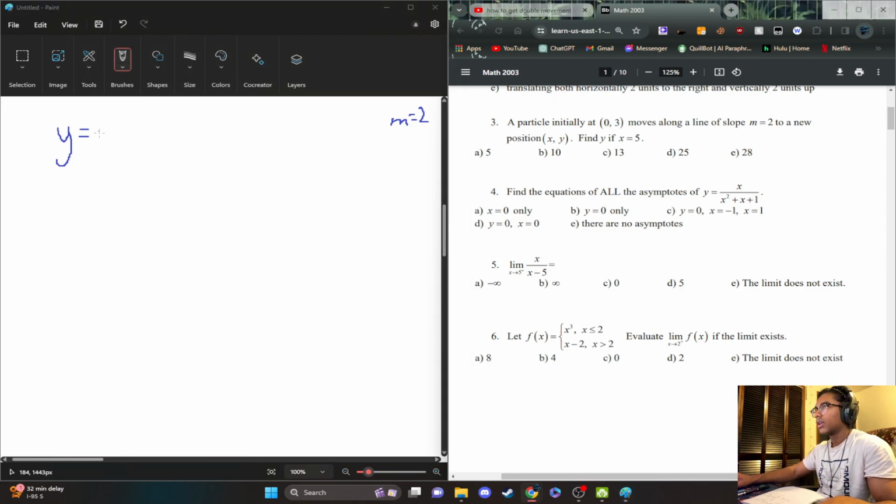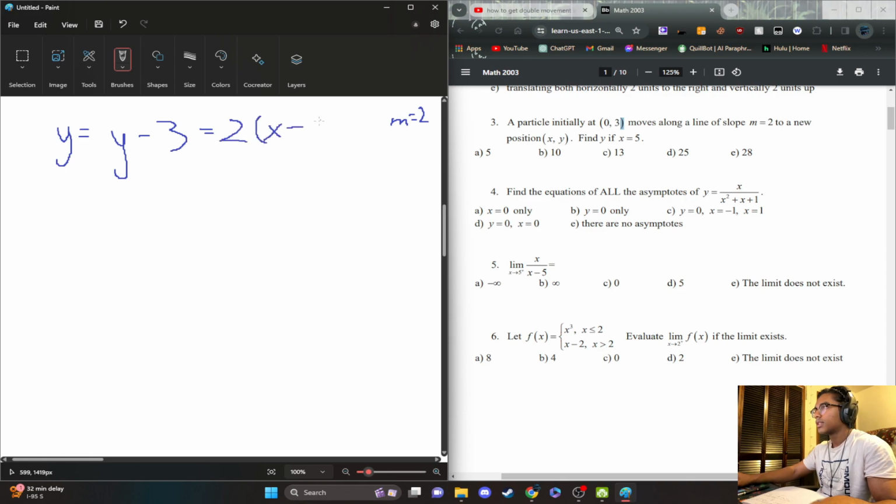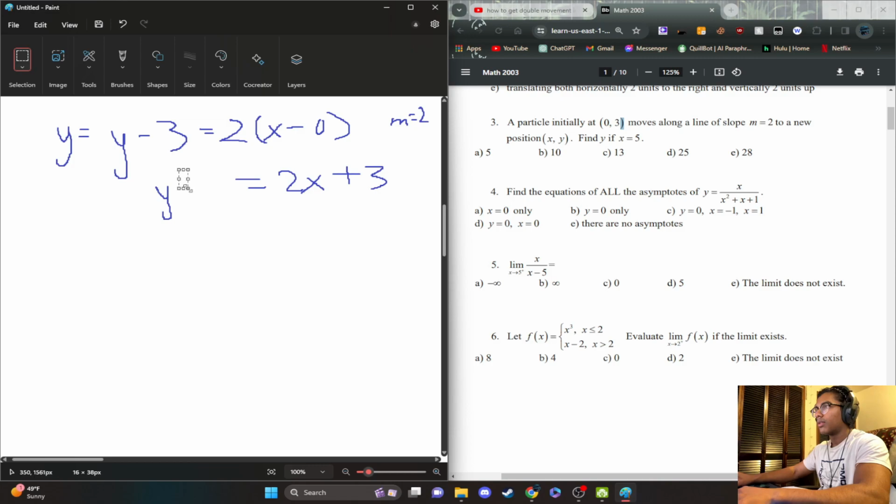So y minus your y value, which is 3, equals 2 times x minus 0. So this is the same thing as y minus 3 equals 2x, and you add 3 to both sides, and you get y equals 2x plus 3.